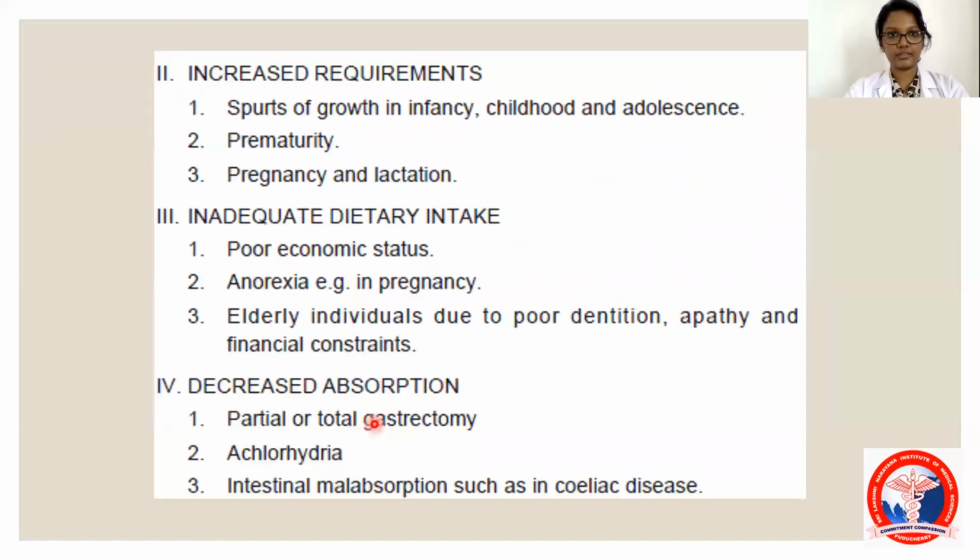So increased requirement of iron is seen in growth in children, in prematurity, and in pregnancy and lactation. Inadequate dietary intake is especially seen when there is poor economic status. Decreased absorption is seen when the patient has undergone partial or total gastrectomy, if he has a condition called achlorhydria, or when there is any intestinal malabsorption syndrome such as celiac disease.